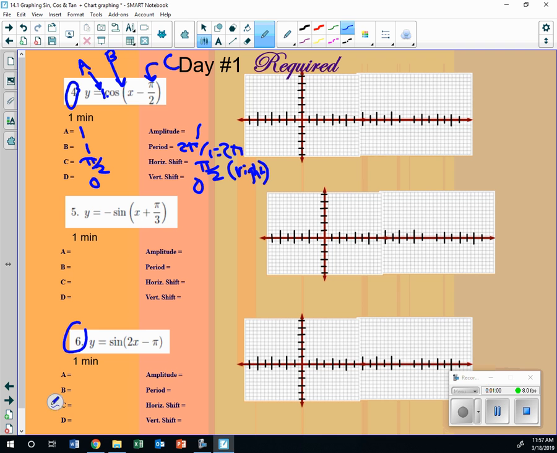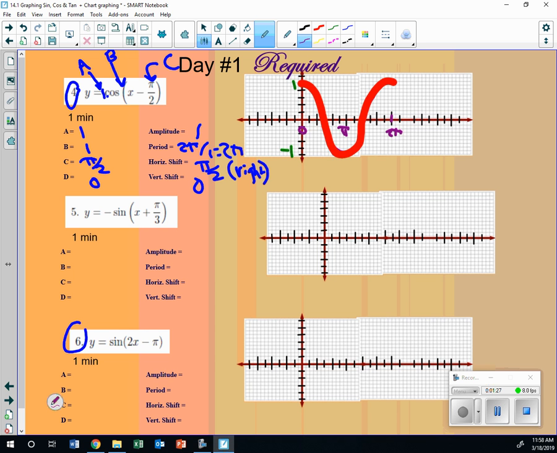So when I sketch cosine, I start at the top here, come down, go up, and then that's my normal 0 to 2 pi. Middle is pi. And we go up to 1 and down to negative 1. Except this one is shifting to the right pi over 2.